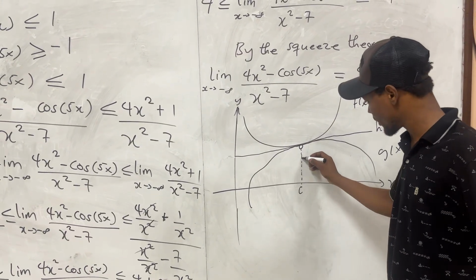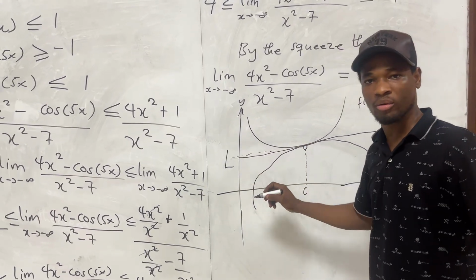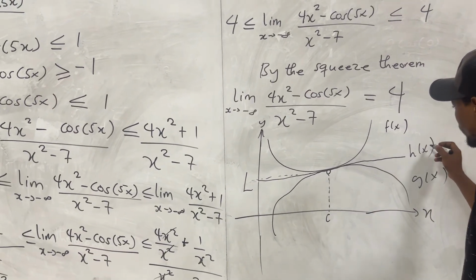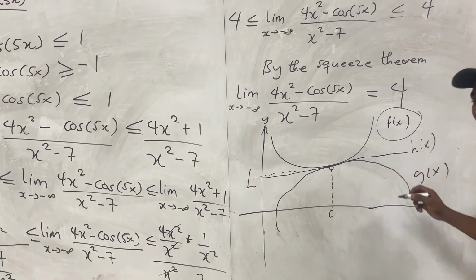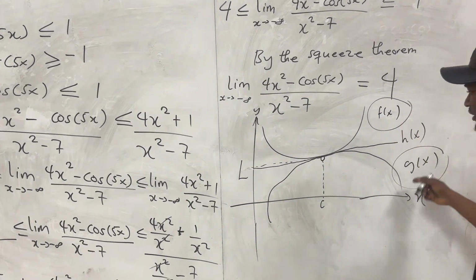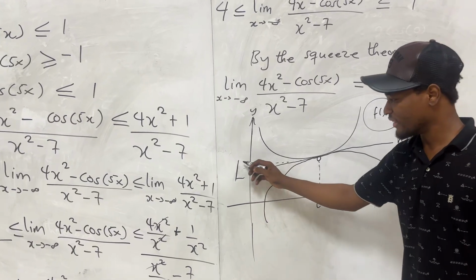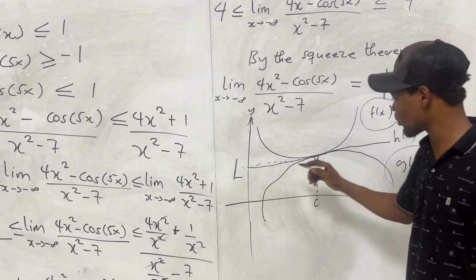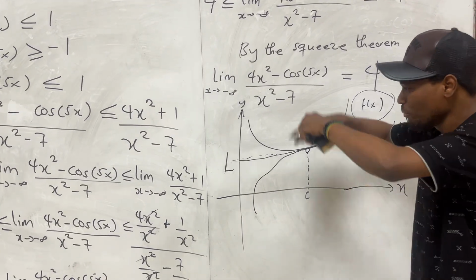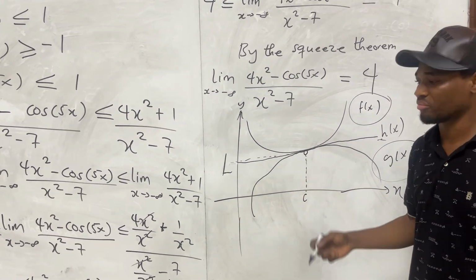From here up to here, we have a value called L. Provided the limits of f and g, when you evaluate them, give the result L, then this result L is equal to the limit of the middle function, h of x. This is simply the geometric analysis of the squeeze theorem.